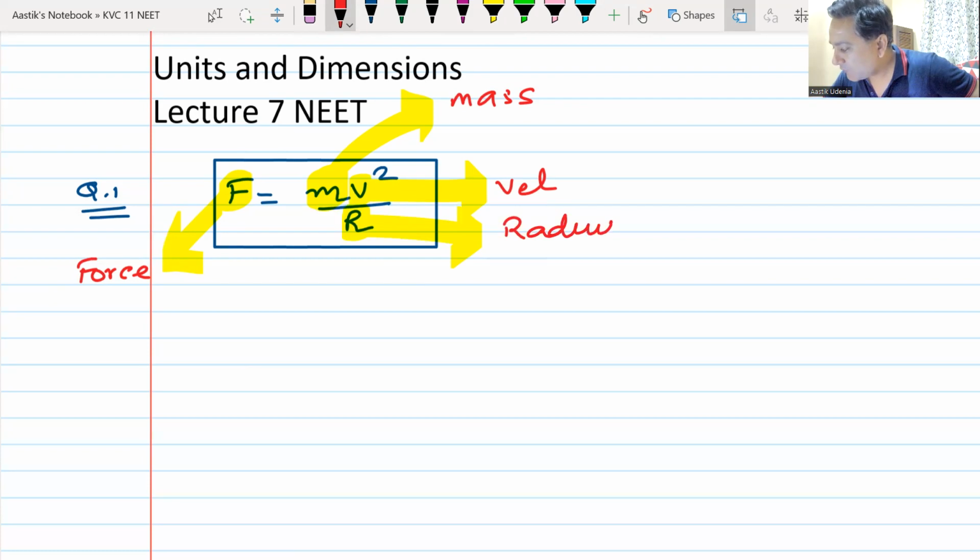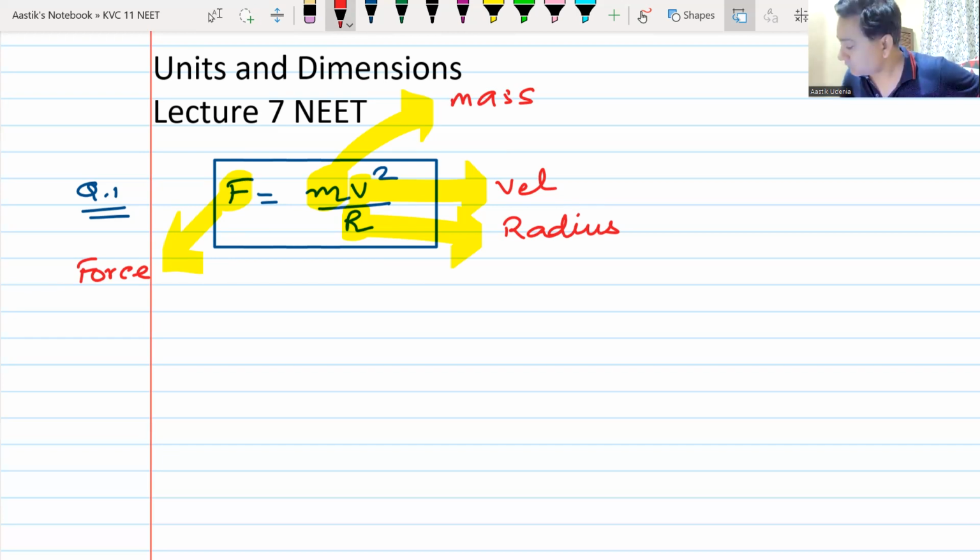Now, you have to tell me, if this equation is given to you, what do you think about the equation in terms of dimensional analysis? Is this equation definitely correct? Is this equation maybe correct? Or is this equation wrong? Using dimensional analysis, can this equation be correct or not? How will you find out whether this equation which I have written right here is correct or wrong?